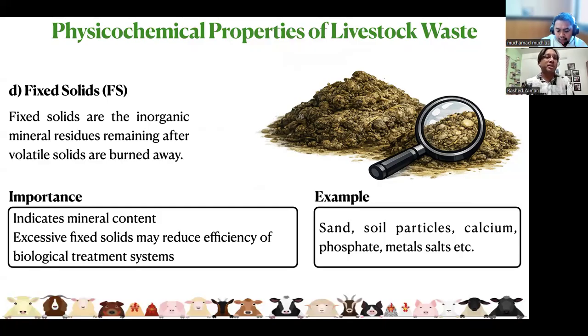Microorganisms cannot work in this fixed solid. That is why excessive fixed solid is not good for the livestock waste. Examples of fixed solids are sand, soil particles, and some minerals, for example, calcium, phosphate, metal salts, etc.